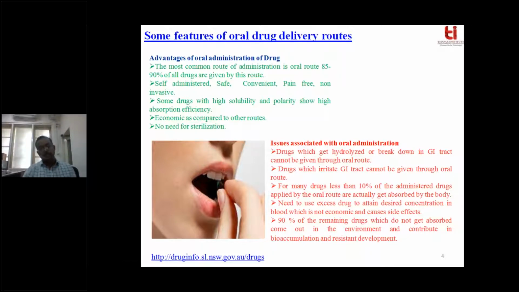To solve this problem, many researchers have made excellent nano formulations and chemical modifications. I'll talk about nano formulations or sustained release formulations, because that's very important.